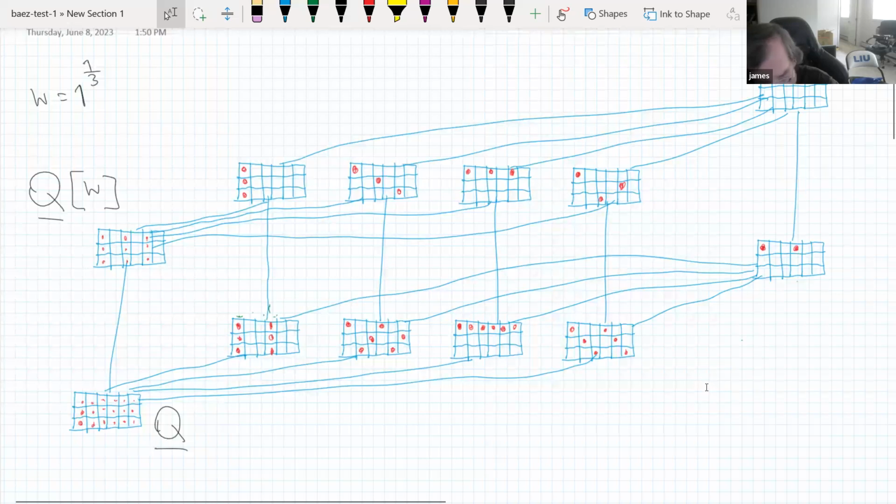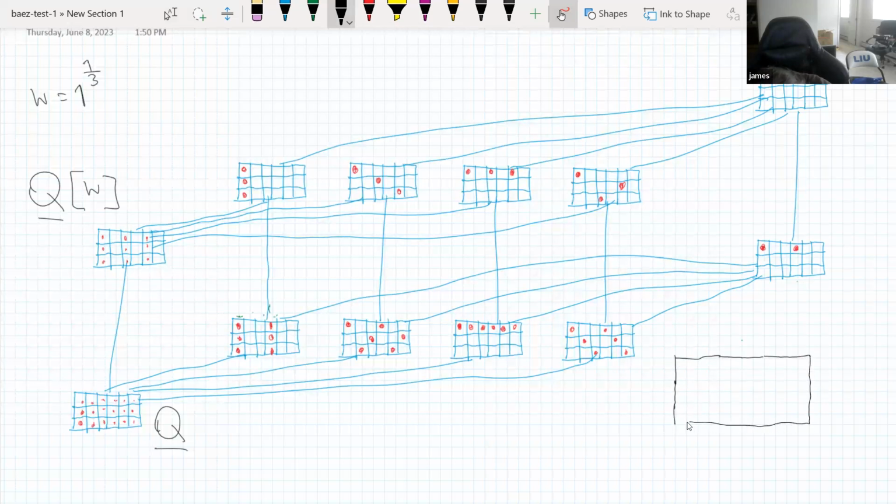I'll try to get it to fit in a reasonable way. 1, 2, 3. 1, 2, 3, 4, 5, 6.